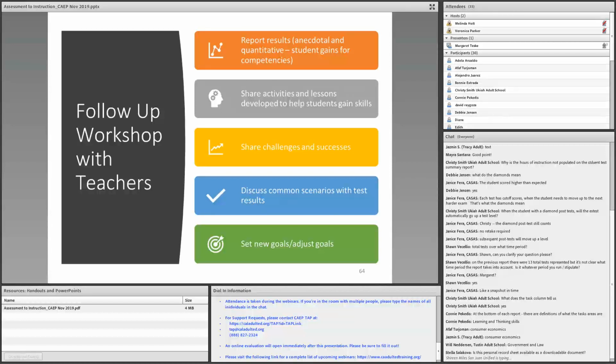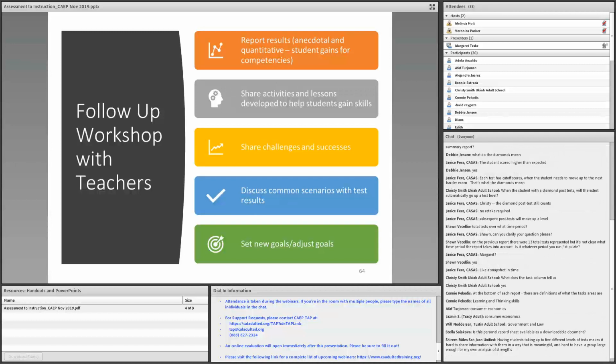Maybe they could share their activities and lessons with each other, share any challenges and successes, like I couldn't find materials to go with this. Oh, I found materials from this source, that kind of thing. And that really helps students become more aware. And they can discuss common scenarios with test results and hopefully set some new goals.